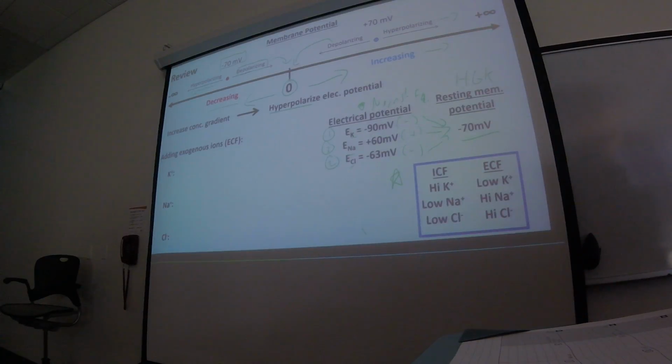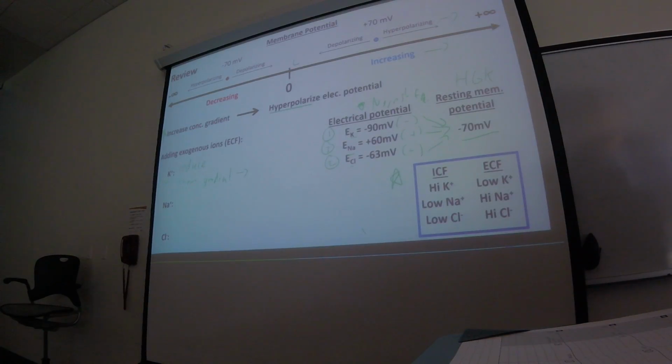And so, based off the statement here, if you're reducing the chemical gradient, what can you expect from the electrical potential? Are we hyperpolarizing it, or are we depolarizing it? We're depolarizing it, right? So let me get rid of all this writing up here.